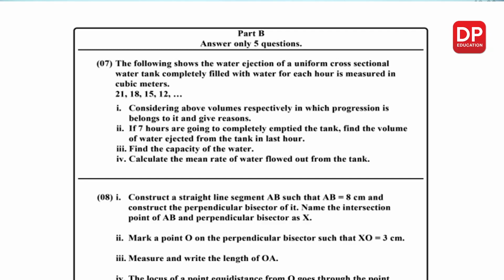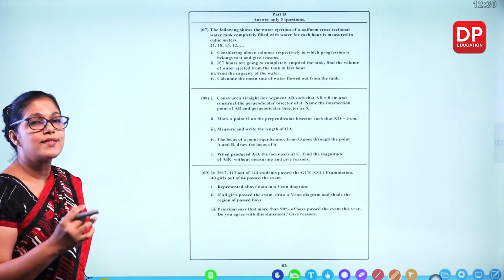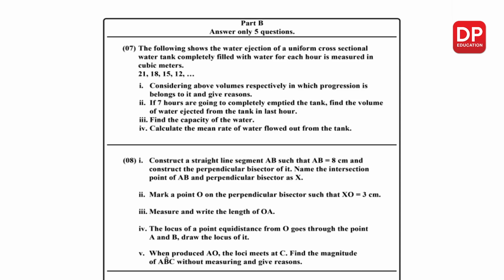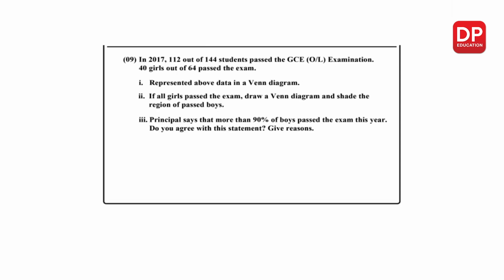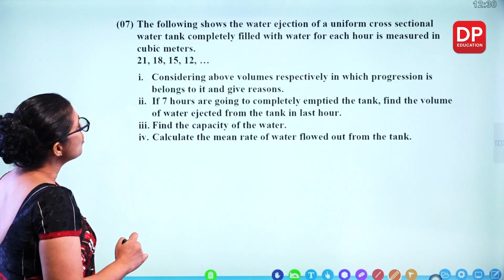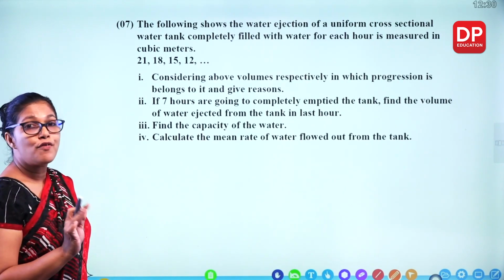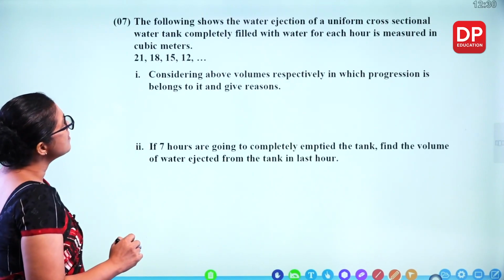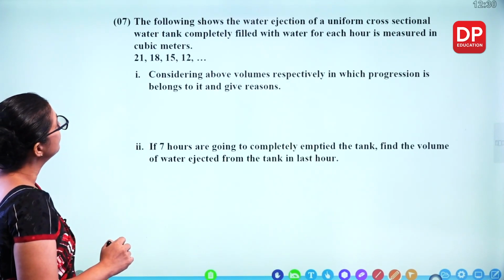Now we'll take the next one. That's part B. Again, you get 6 questions and you have to answer only 5 questions. So do 7, 8, 9. Question number 7. You get 4 parts. We'll do them separately. This is about progression.